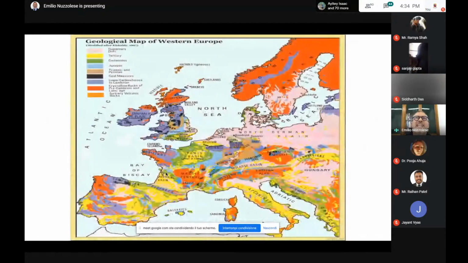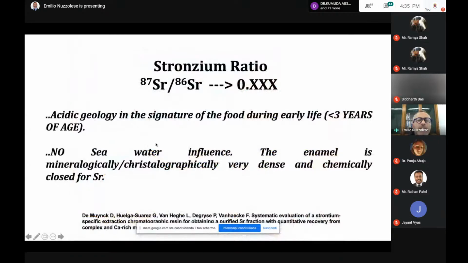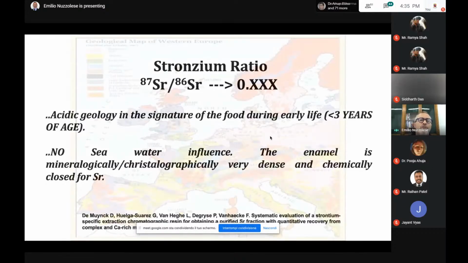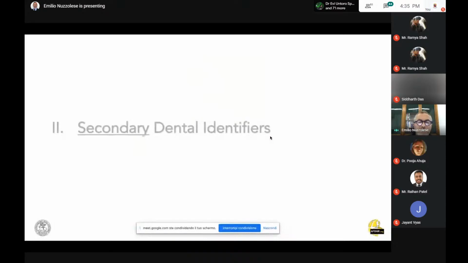And once we have the exact ratio, we can compare that ratio with the geological map of strontium and obtain an idea, not the exact geographical origin, but an idea of the geographical origin of the human remain, because the strontium present in the bones and enamel is incorporated in the first 3 years of age. So this means that we have an idea of the geographical origin of the human remains, which is another important puzzle piece of the biological profile we use for the identification.